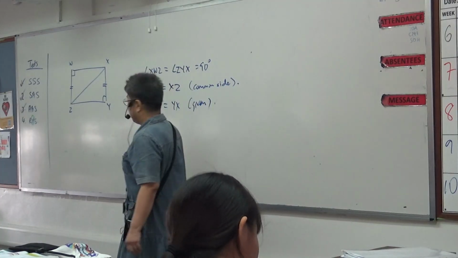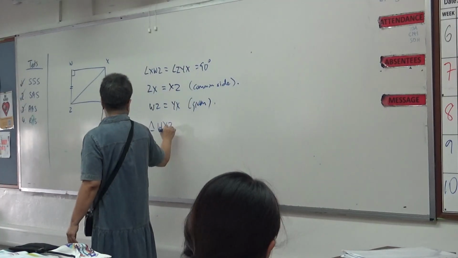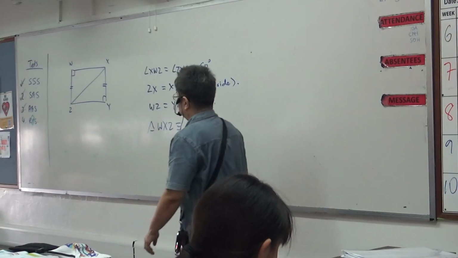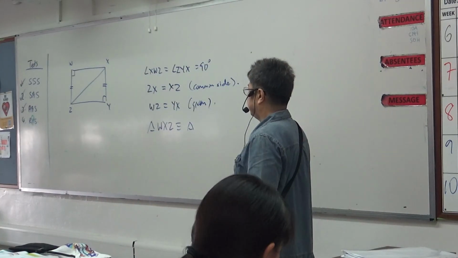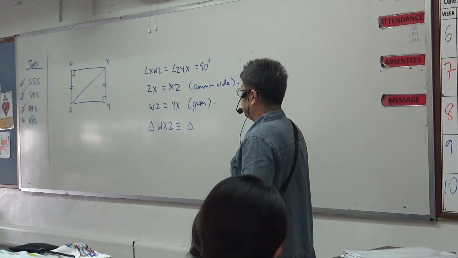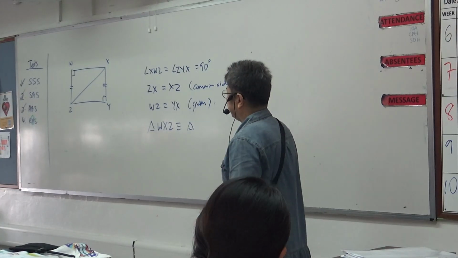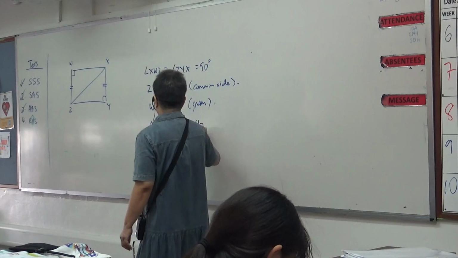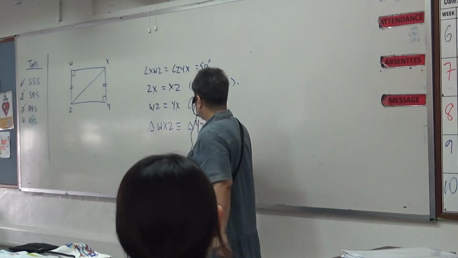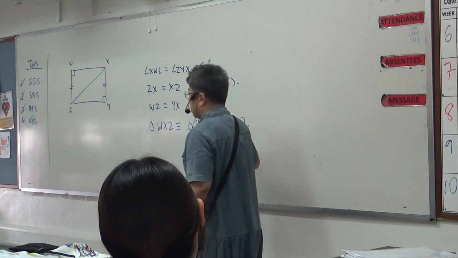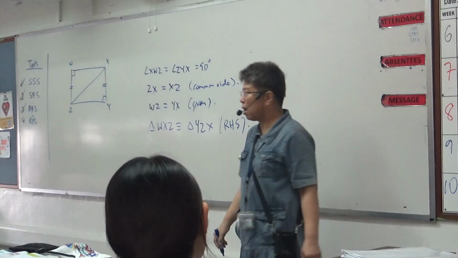This is clear, right? Triangle WXZ is congruent to triangle YZX, correct? Because of what? RHS.